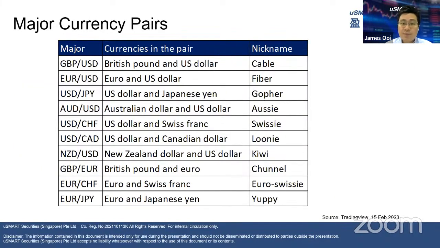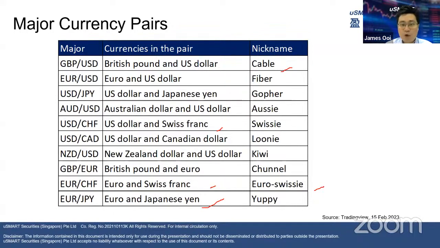Here is to show you some major currency pairs and their nicknames. There are some interesting nicknames, like the British pound and US dollar pair is called cable. USD Swiss franc is called Swissy, and Euro Swiss franc is called Euro Swissy, and Euro yen is called UP.